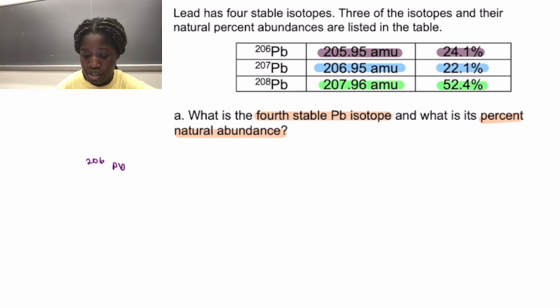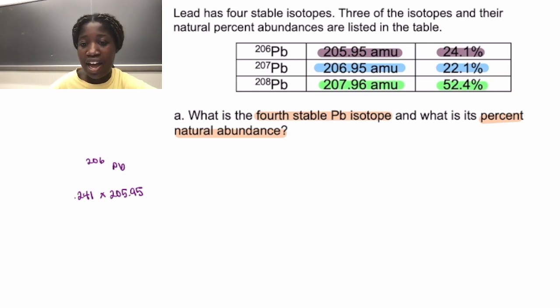And each component is comprised of the fraction of the component, in this case 0.241, the percent natural abundance written as a decimal, and this is multiplied by the value of the component, in this case 205.95, the atomic mass of lead 206.